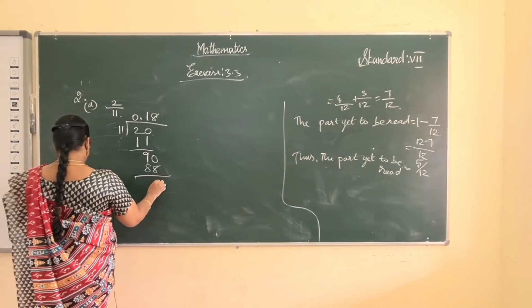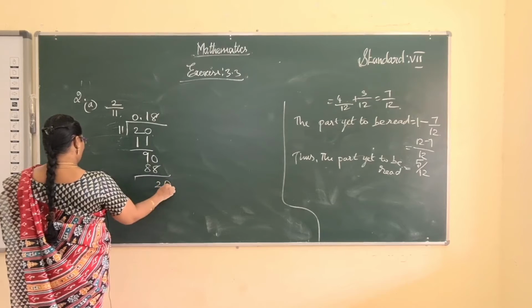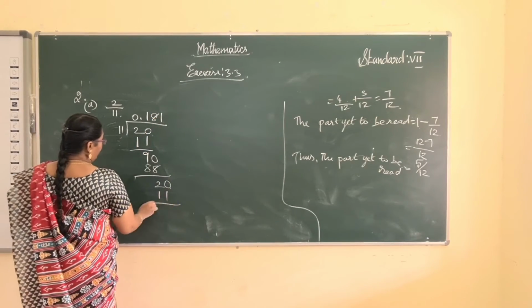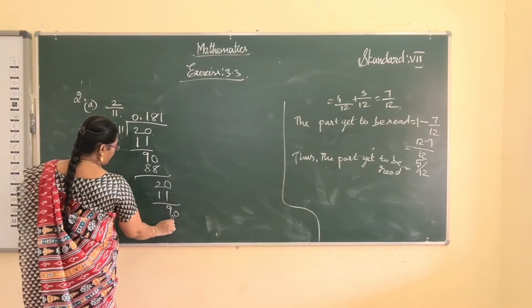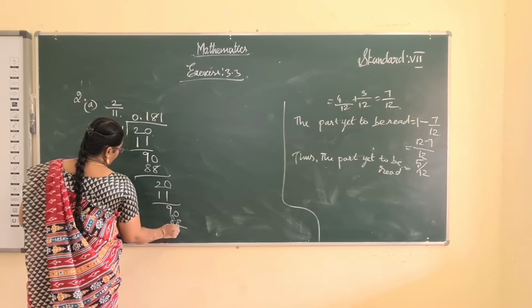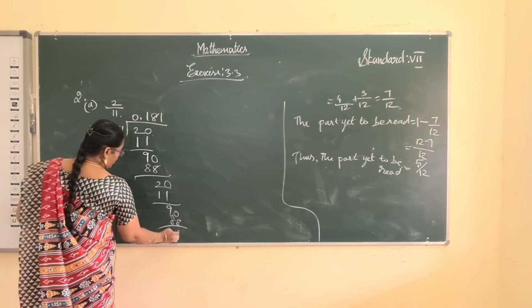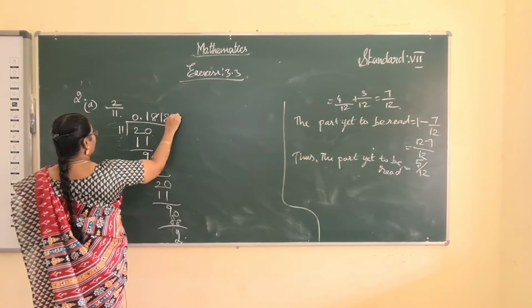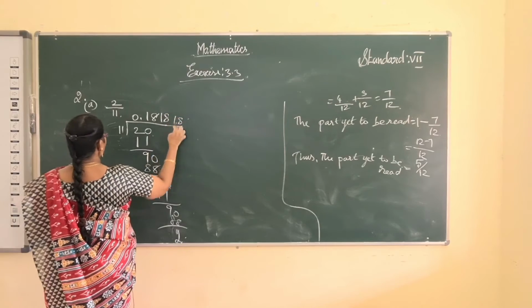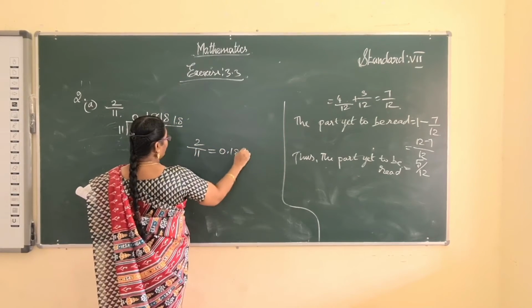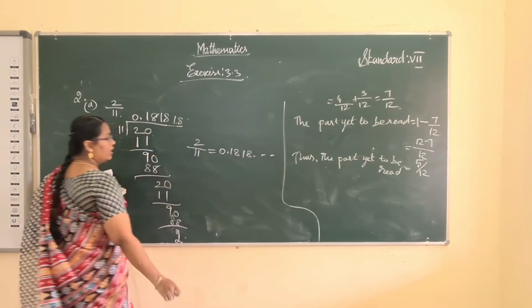So remaining 2, add 0. Repeat this process. The answer, 2 by 11, is equal to 0.1818, endlessly going.